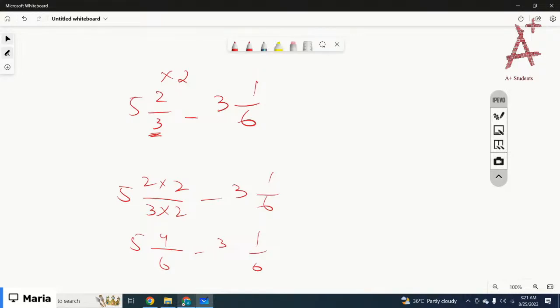So you can subtract your whole numbers. 5 take away 3 is 2 and 4 minus 1 over 6. It would be 2 whole 3 over 6.